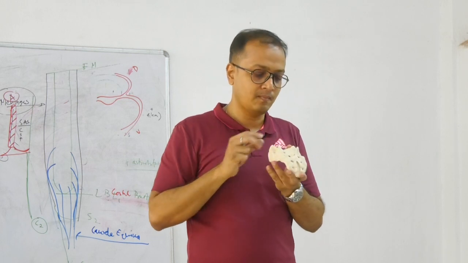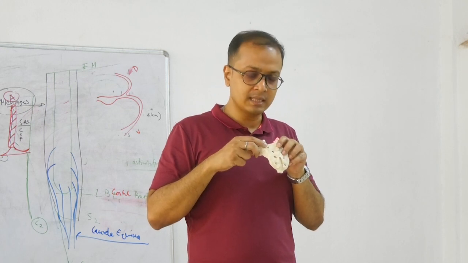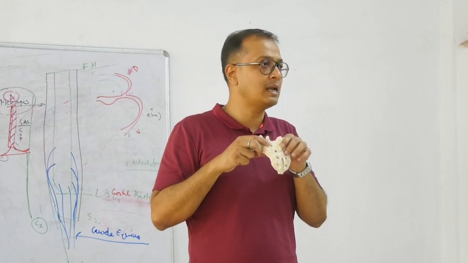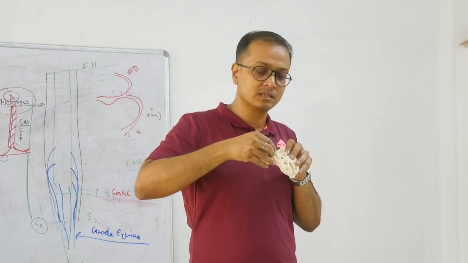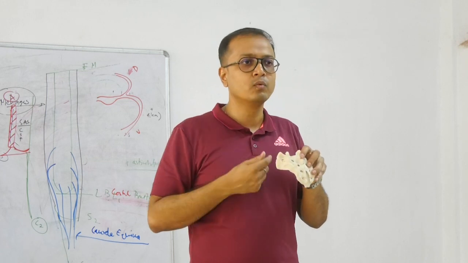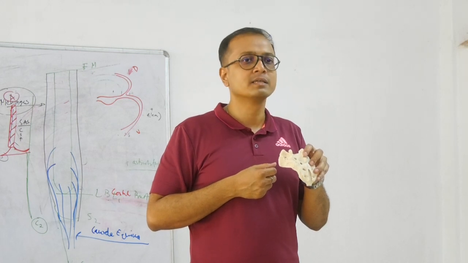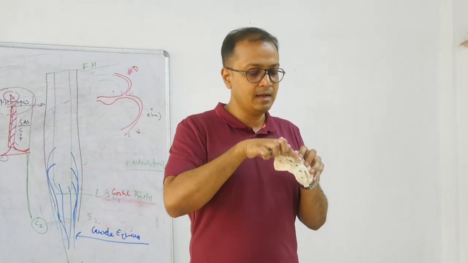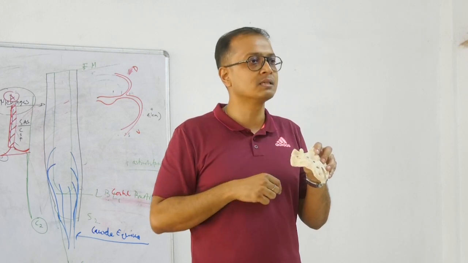Posteriorly, two muscles. Between these crests, the medial crest and the lateral crest, just like a U, there is a muscle attached, covering this foramen. We call it erector spinae. And in between this particular area, we have a muscle attached.